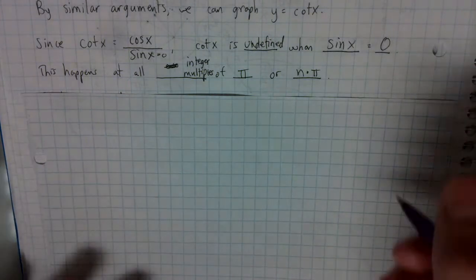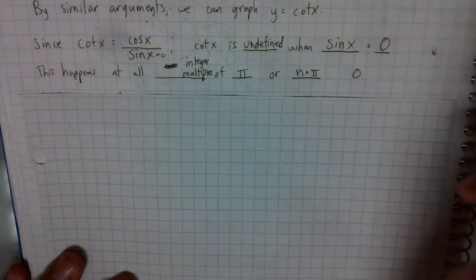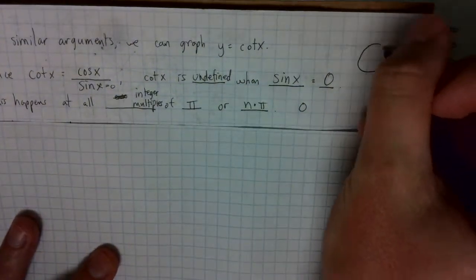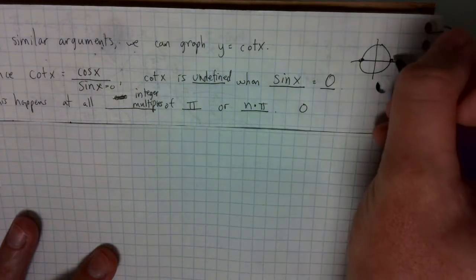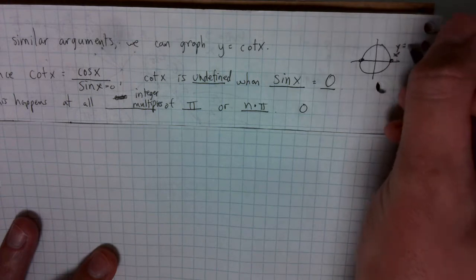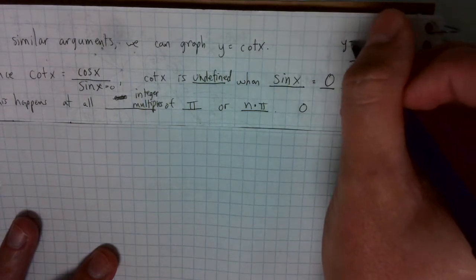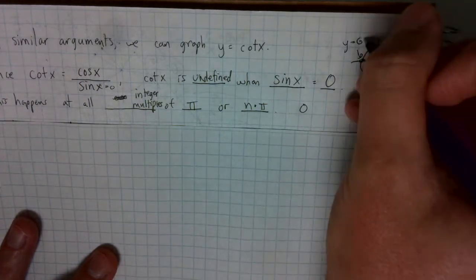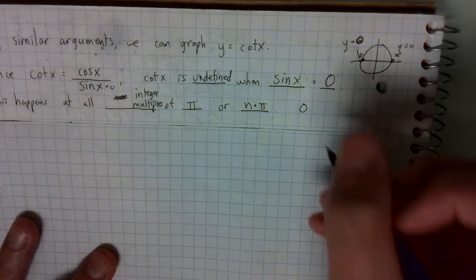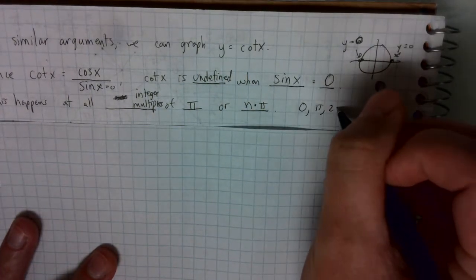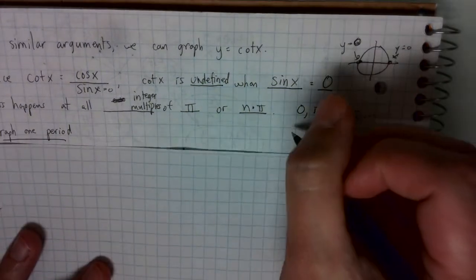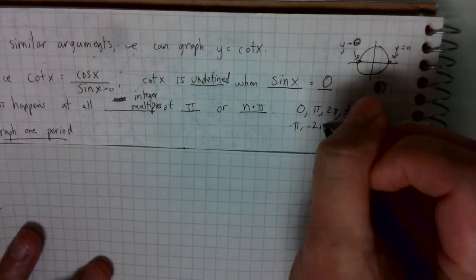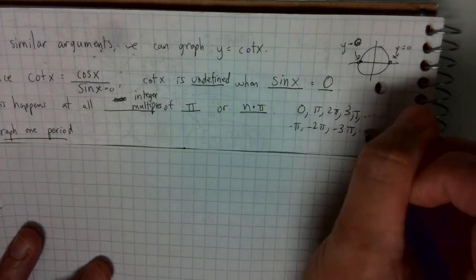Sine is 0 anytime you are at the x-axis on the unit circle, when y is 0. So these are my y equals 0 values. And that's going to happen at 0, at pi, at 2 pi, at 3 pi, and so on, or in the negative direction at negative pi, negative 2 pi, negative 3 pi, and so on.